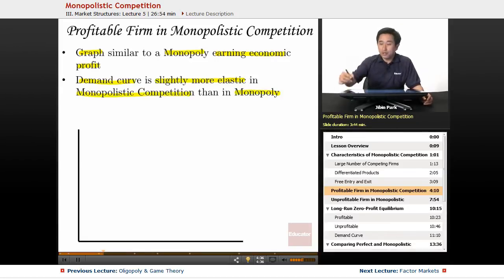In a monopoly or perfect competition, graphing is absolutely essential. And it's definitely good to know how to draw a graph for monopolistic competition. However, the one caveat to this is that there has not been consistently on the AP FRQ questions relating specifically to drawing a monopolistically competitive firm.